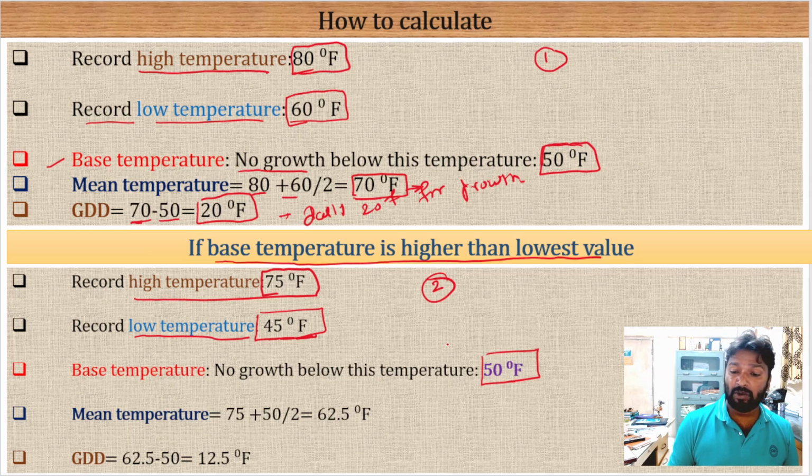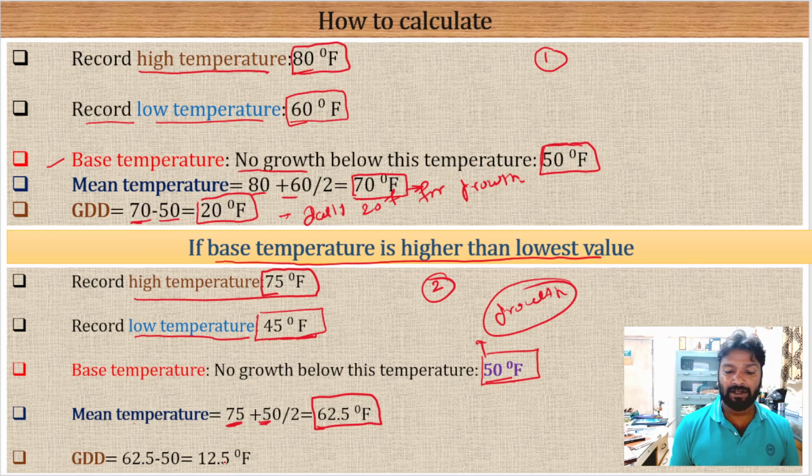Why? Because you know that below the base temperature there is no growth. So the mean temperature is calculated from the highest, 75 degrees, and the base temperature, 50, divided by 2, that is 62.5. When we deduct the 50 base temperature from the 62.5 mean temperature, 12.5 degrees Fahrenheit is the GDD. So, is it clear?